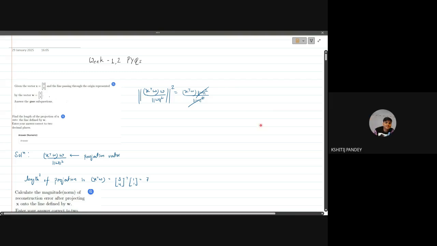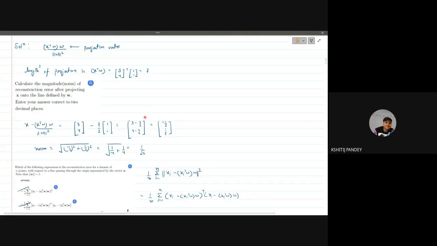In the next question, we have to calculate the magnitude of reconstruction error after projecting x onto the line defined by w. This is also straightforward, right? We know that the reconstruction error is xi minus xi transpose w into w, and if the norm of w is not equal to 1, we divide by norm square of w.